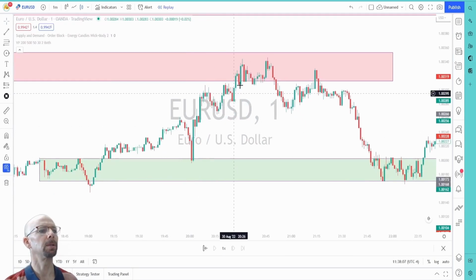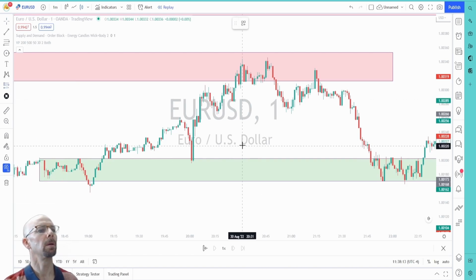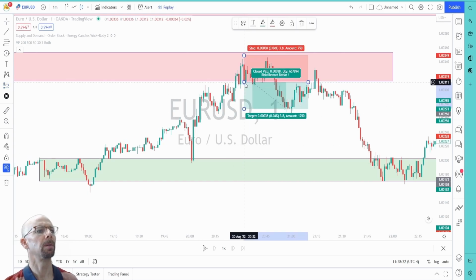Price came in again to the area. Now, this is a win or a loss depending on where your stop loss was placed. So you can see here just above.